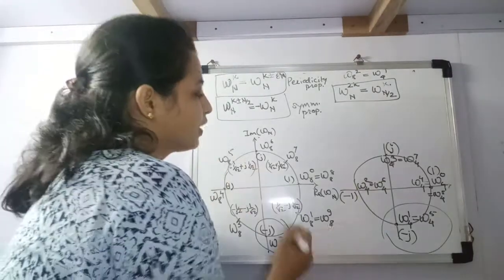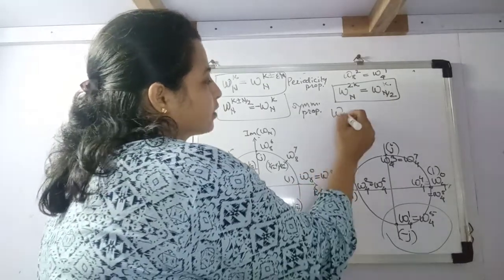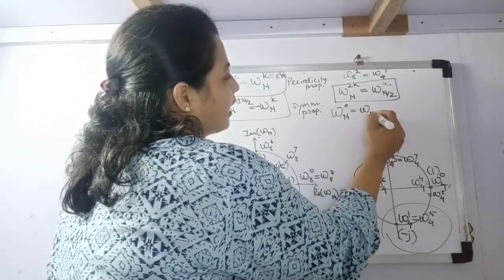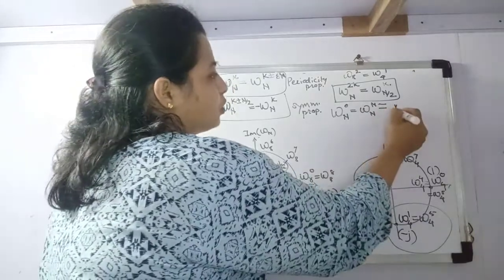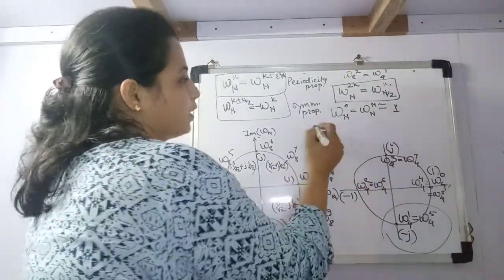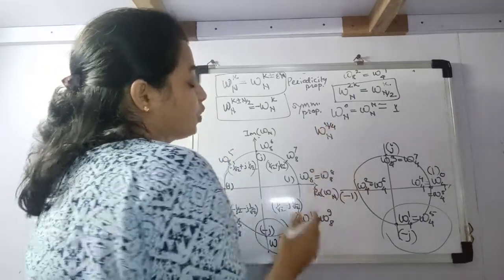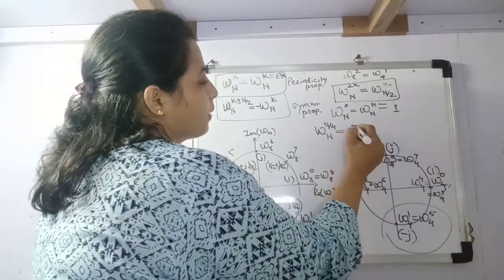Now in general terms we can write omega N^0 or omega N^N. Omega N^0 is equal to omega N^N, which is always going to be 1, because this is on the same position. Similarly omega N^(N/4), quarter number of points, is always going to be minus j.